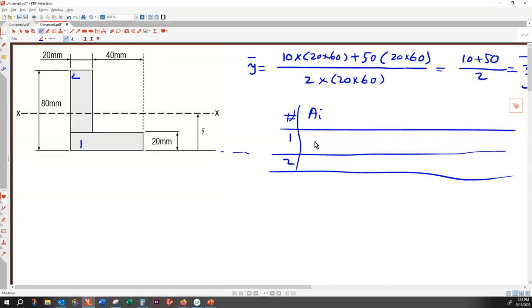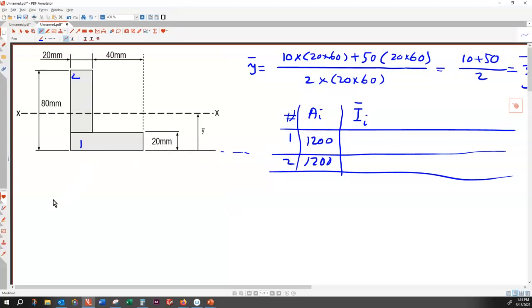The area for this one is 20 times 60, that is 1,200. The next one is the moment of inertia of each from the table.